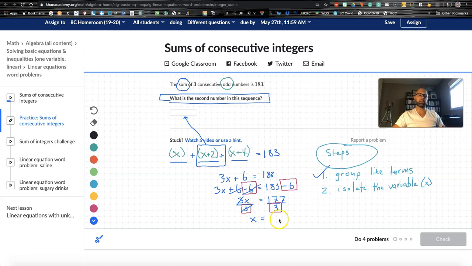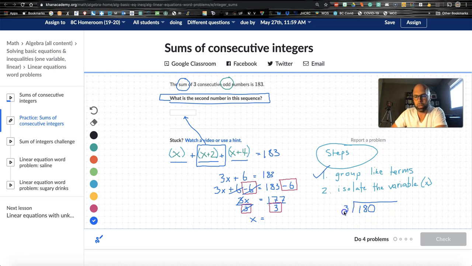Brilliant! And then I'll show you a little division hack here, or multiplication hack. So 177 divided by 3 seems really difficult, right? But I know if I just add 3 to that, I get the number, let's do some scrap paper over here, I get the number 180. This is just a mental hack, okay?